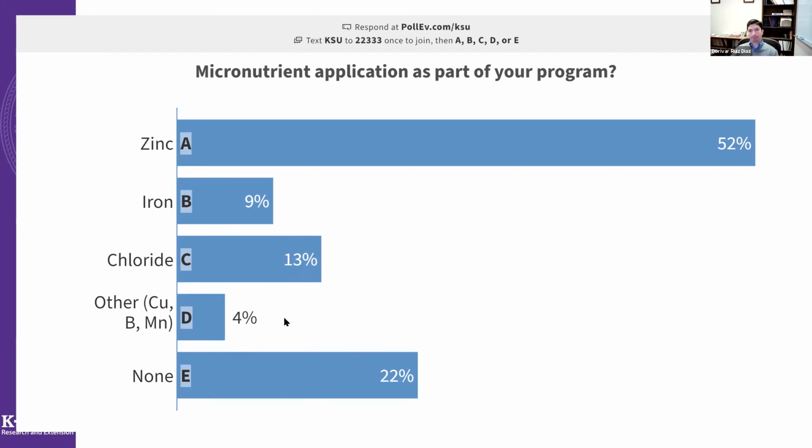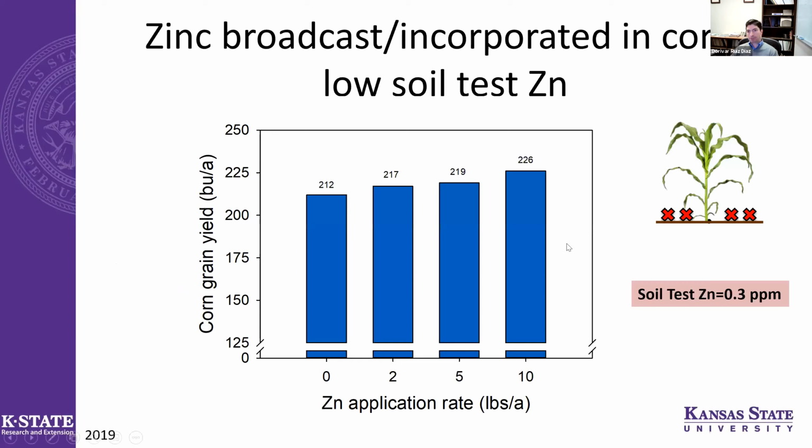Very good. Excellent. This gives an idea to the entire group of what everybody else is doing and what you are considering for micros. Definitely zinc is the most popular here, so we'll start with zinc.